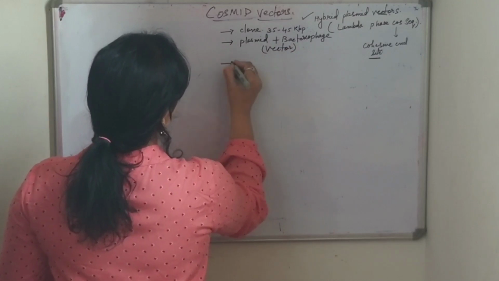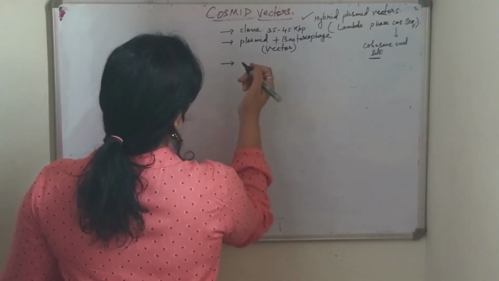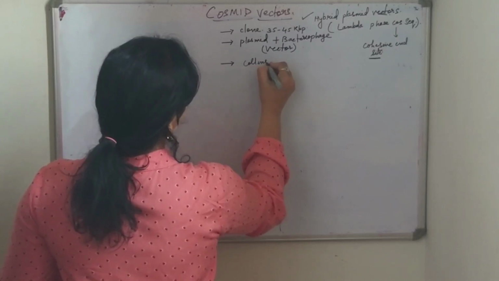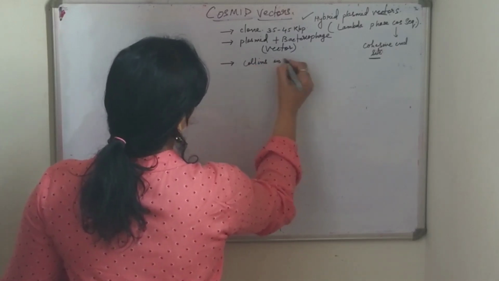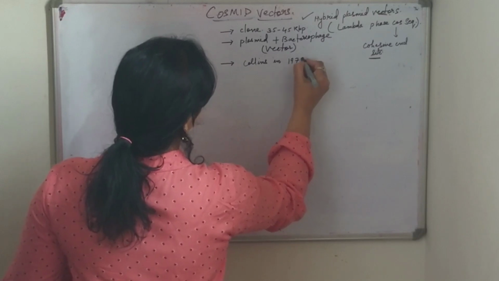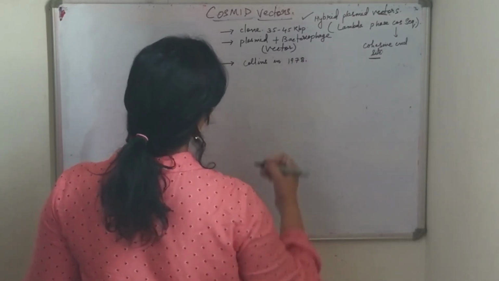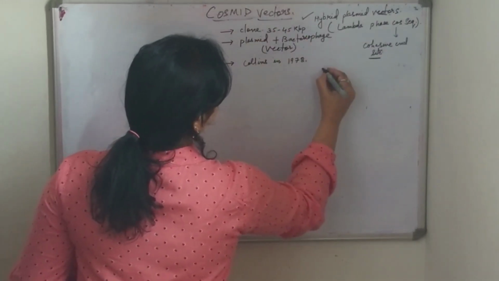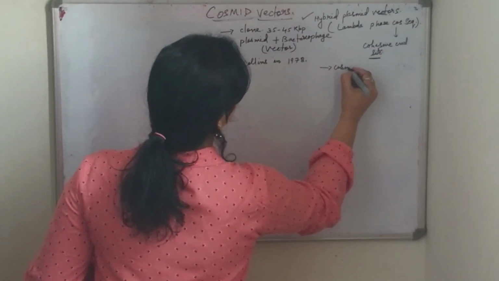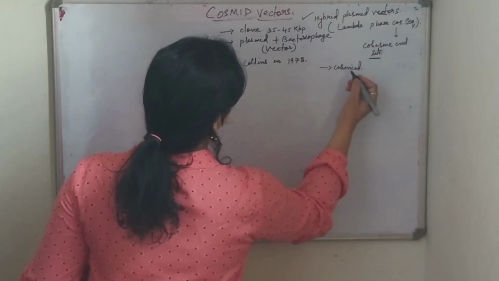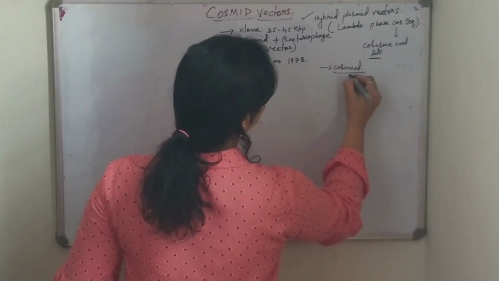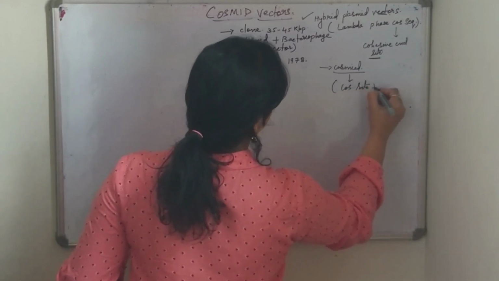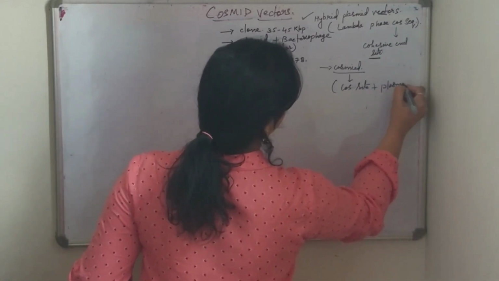It was first developed by Collins in the year 1978. This cosmid word comes from cos site plus plasmid, hence the name cosmids.